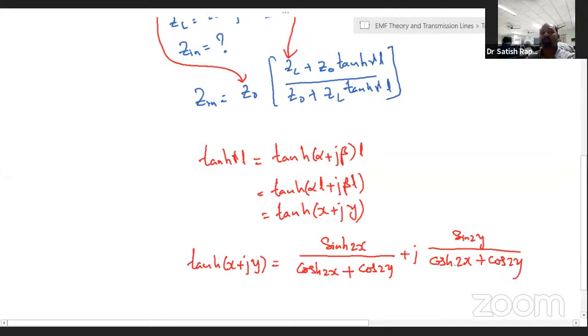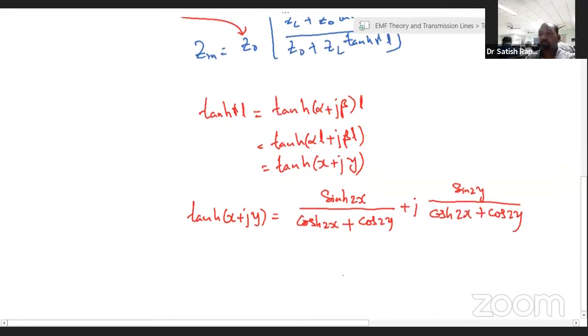So this is the expansion of tanh of x plus jy, where x is equal to alpha L and y is equal to beta L.